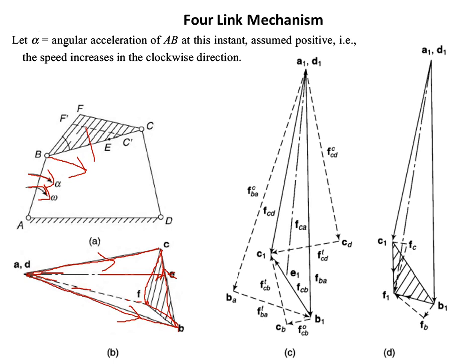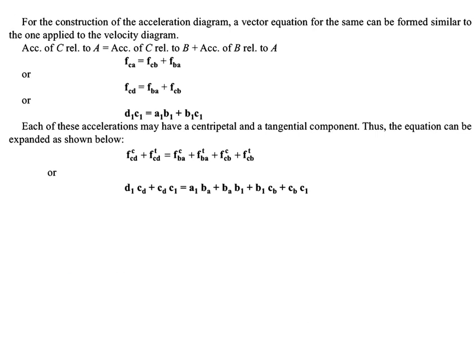So to draw this diagram, first I should take one table. I want to create the table, because getting all these components becomes very difficult. So for that we have a table method. So let us see how to take that. So for that I want to get first the vector part, so that it becomes very easy to solve this.